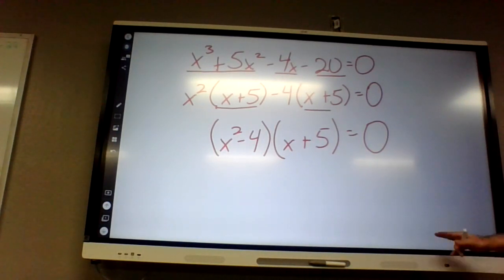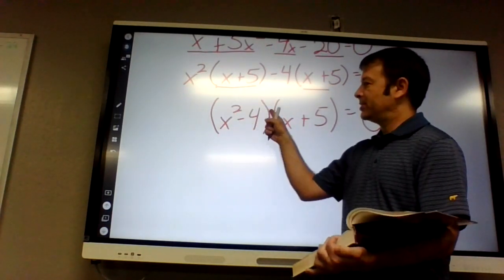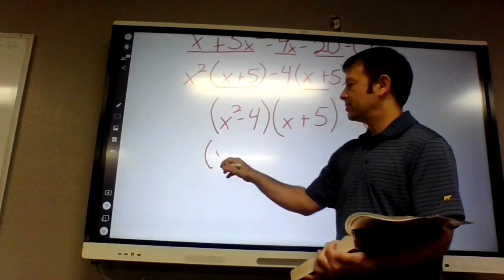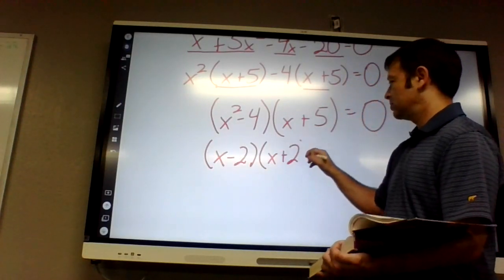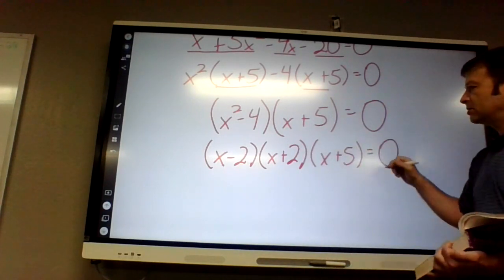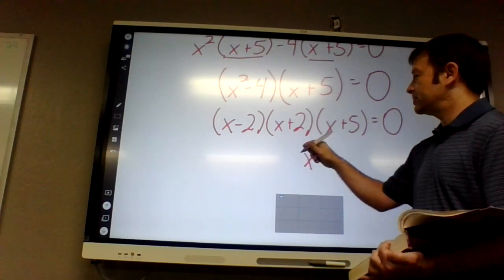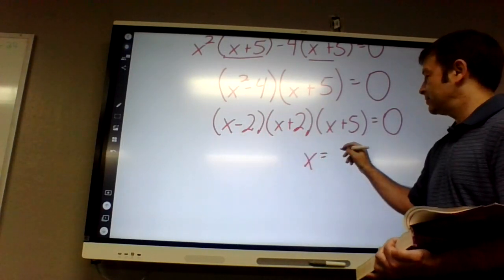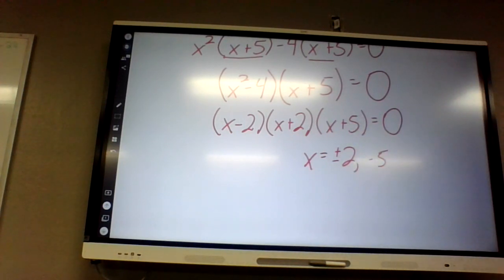And that's pretty much it. This is x plus 2, x minus 2, right? Square minus square. So x is positive 2, -2, or -5. Easy peasy. We'll do another one when we go through the odds.